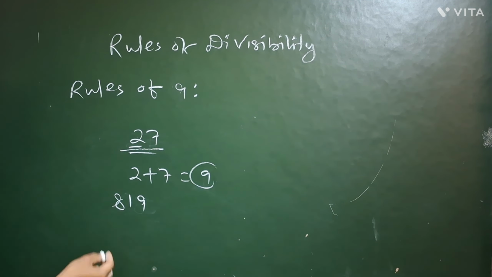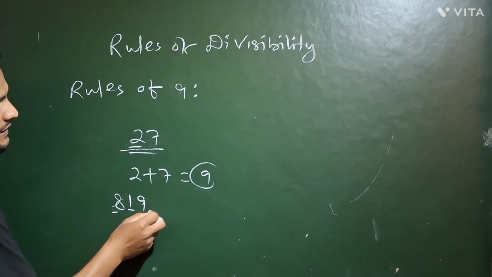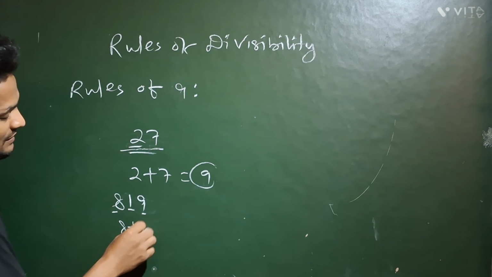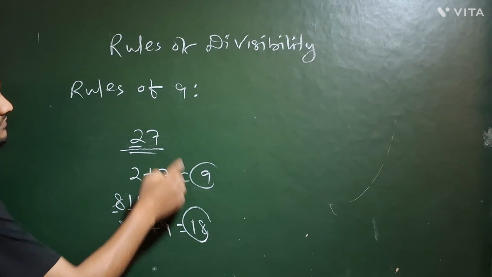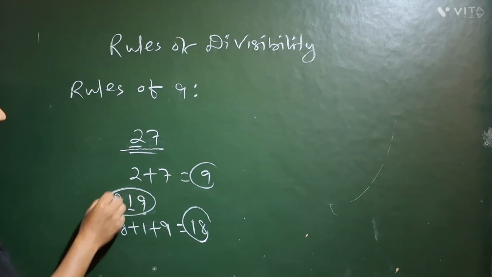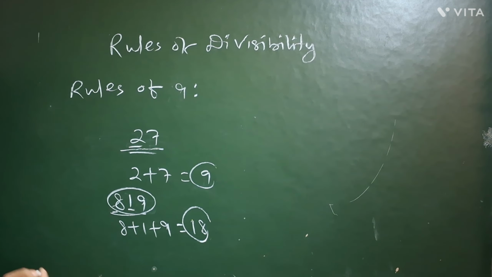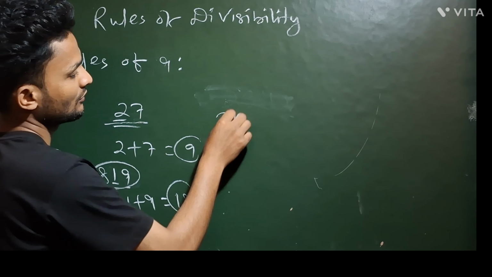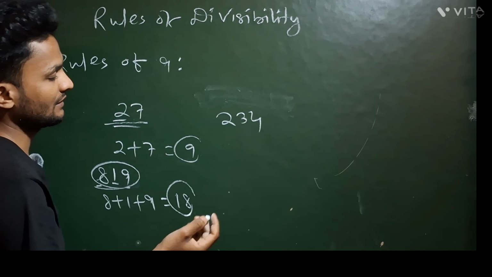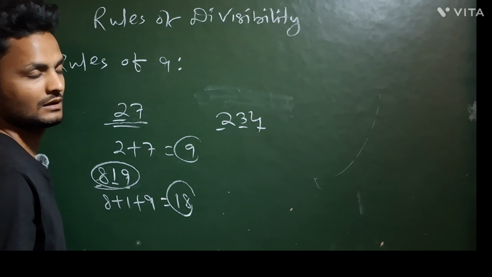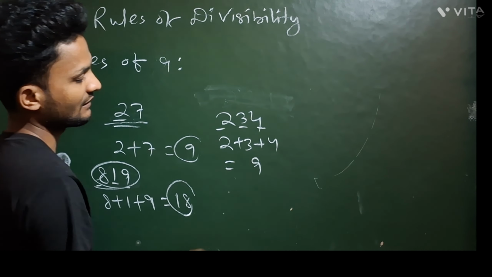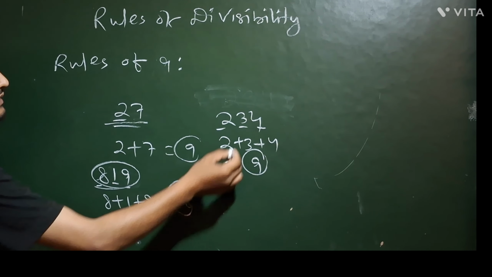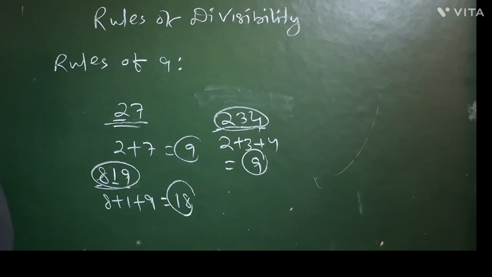In this number, the digits are 8, 1 and 9, and 8 plus 1 plus 9 is equal to 18. 18 is divisible by 9. That is why this number is also divisible by 9. Again, 234. In this number, the digits are 2, 3 and 4, and 2 plus 3 plus 4 is equal to 9, and 9 is divisible by 9. That is why 234 is also divisible by 9.